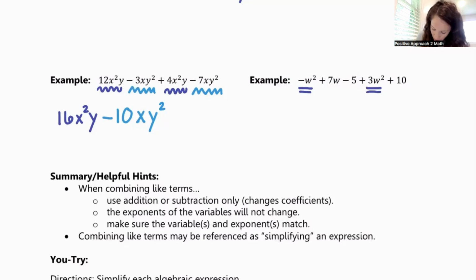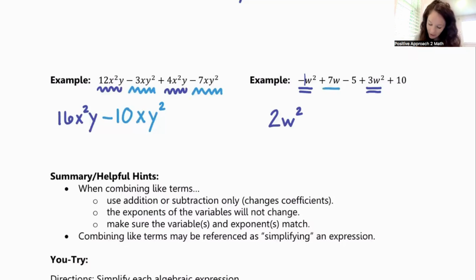I do. Remember, this is like a coefficient of negative 1. So that's negative 1w squared plus 3w squared, which will give you 2w squared.